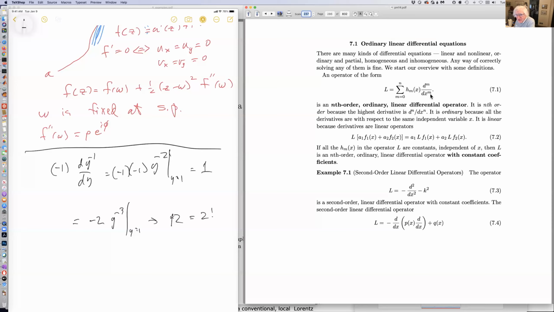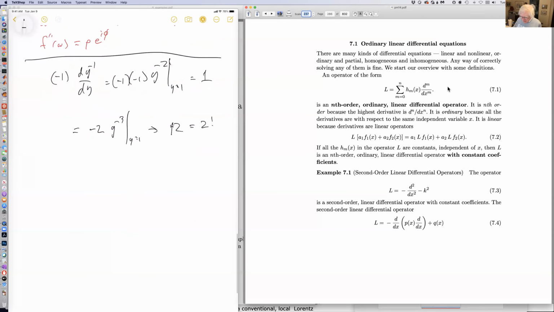Linear because derivatives are linear, and so the differential equation in this particular case is, let us say, L f of x equals 0.